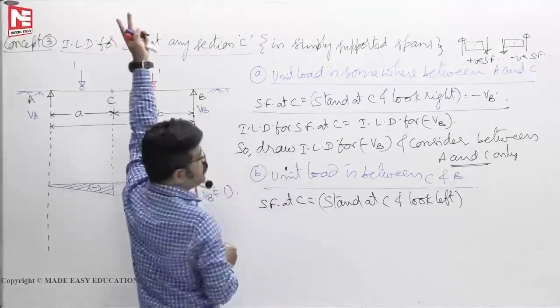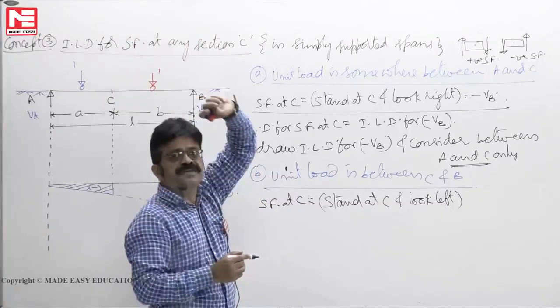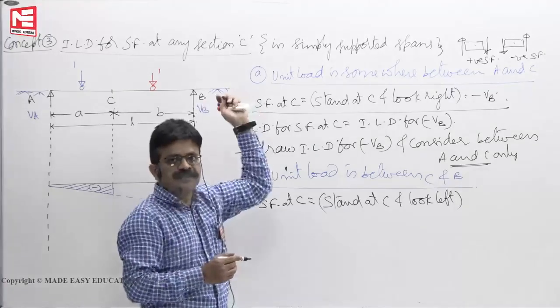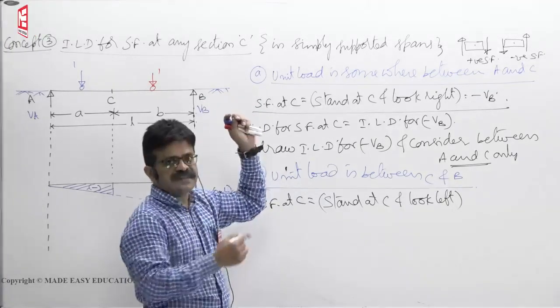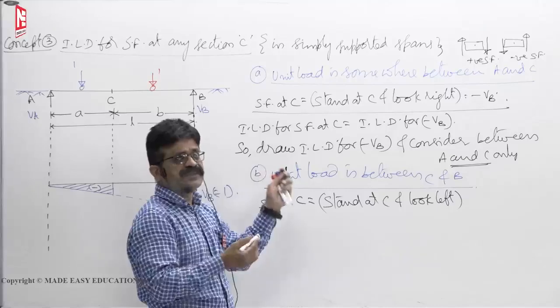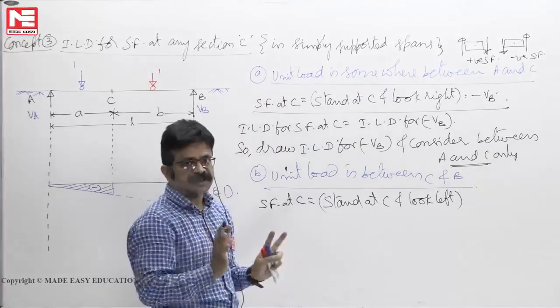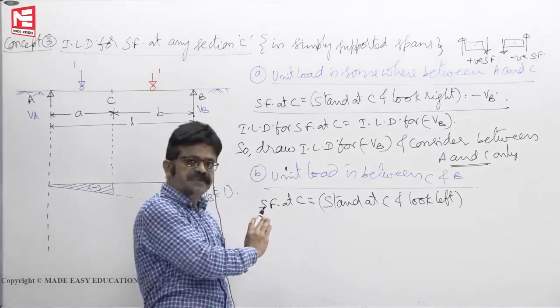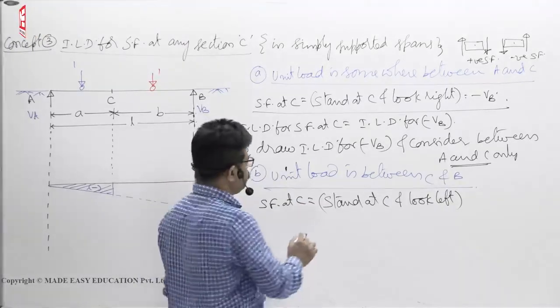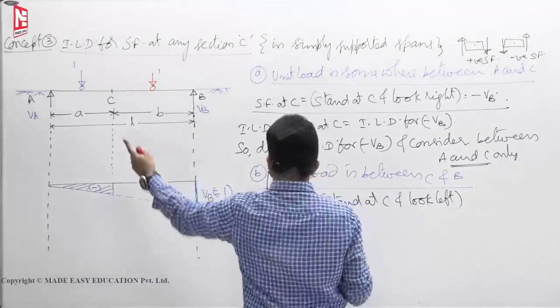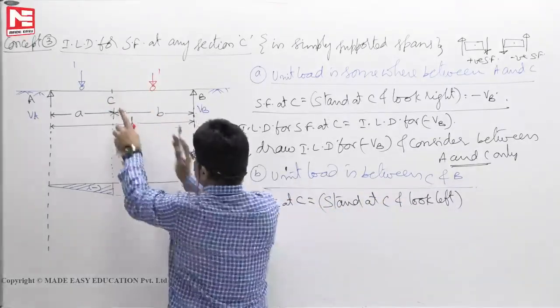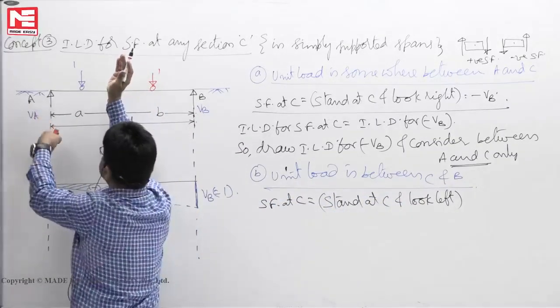Much easier if you see top, there is no load, but we should not look like that. You don't want to deal with one force also, let us say right side two forces, left side one force. Why headache? Let me look top or let me look bottom should not be done. Either left side of the beam or right side of the beam only. So stand at C, look left. Section left side upward.